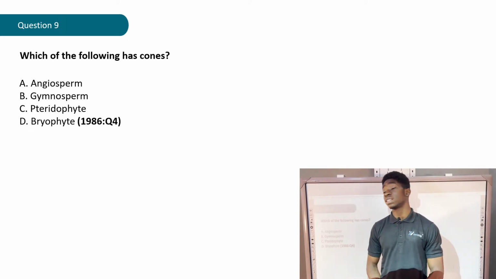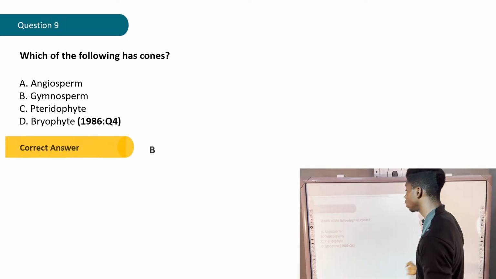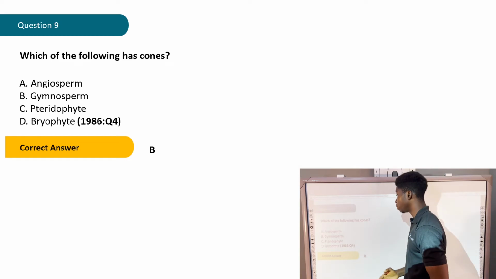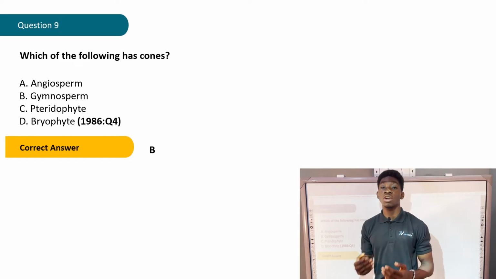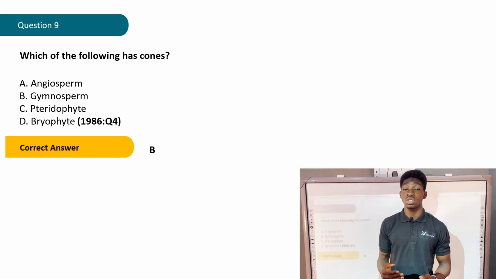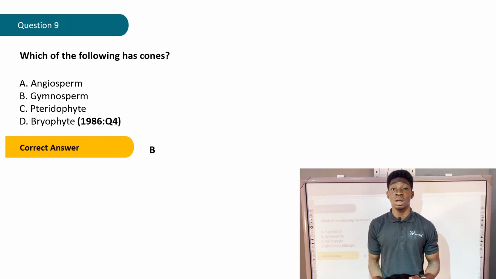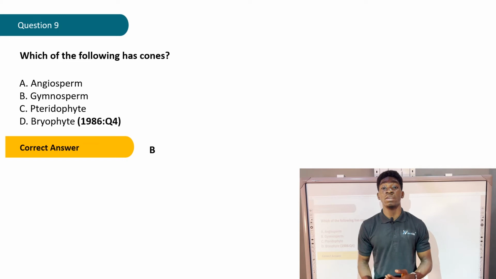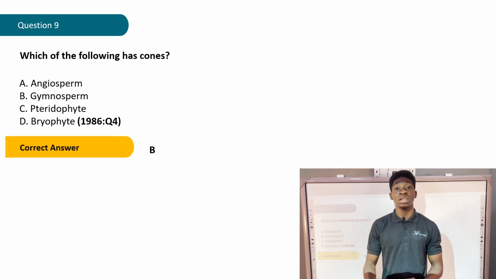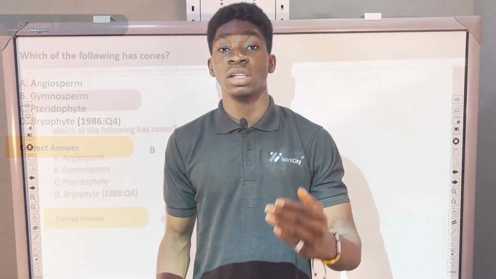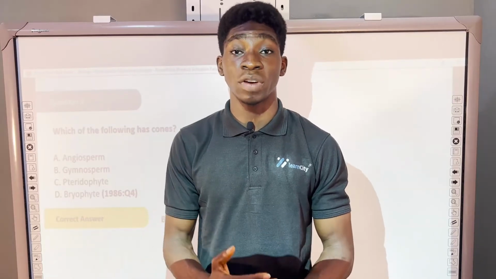Now let's see what the correct answer is. The correct answer is B, gymnosperm. The group of plants that produces cones are what we call the conifers or the gymnosperms. The gymnosperms are found under the phylum Tracheophyta. Tracheophyta is divided into the gymnosperms and the angiosperms, which are under the spermatophyta.